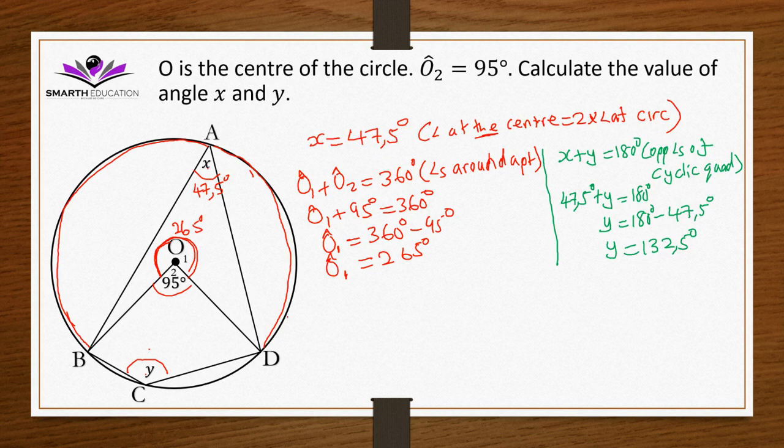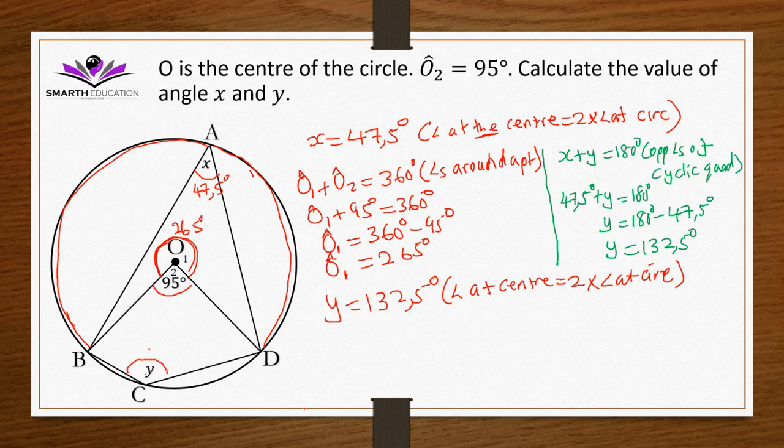We divide 265 by 2. So y is going to be 132.5. You can multiply this and see if you get 265. Yes, you get 265, because angle at the center equals 2 times angle at the circumference. Done. We've managed to find y.